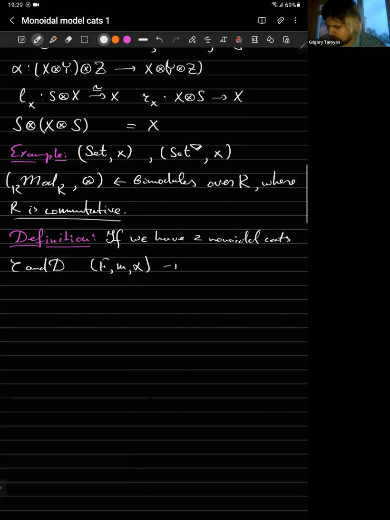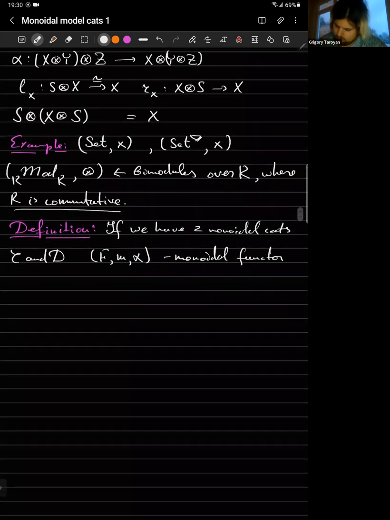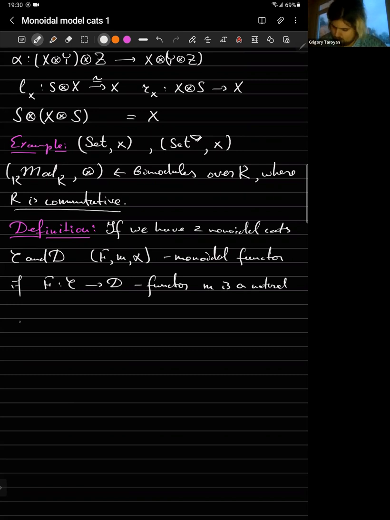So f from C to D is just a functor, M is a natural isomorphism, which says that monoidal multiplication is compatible with functor f.